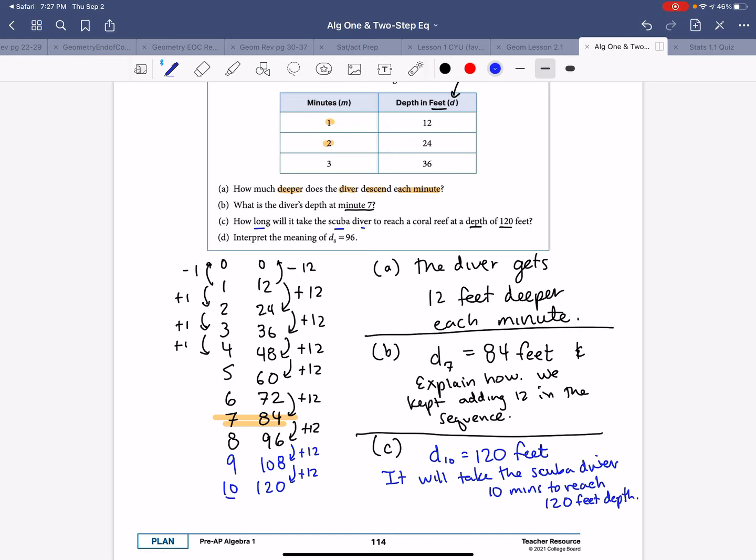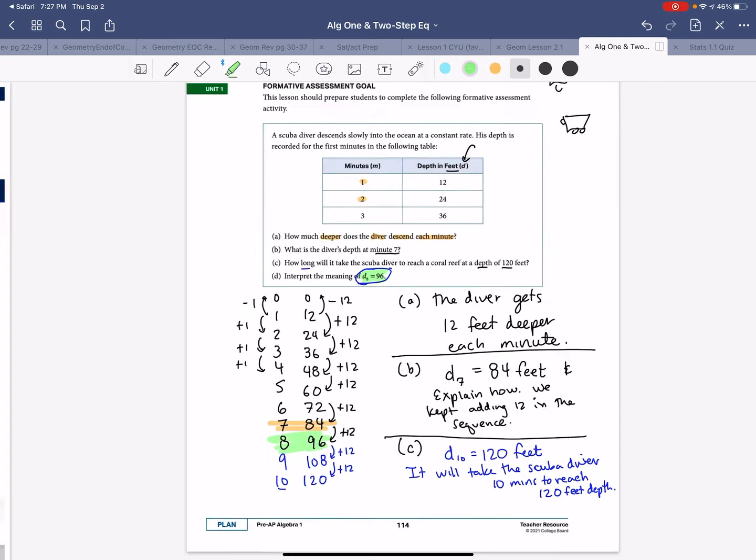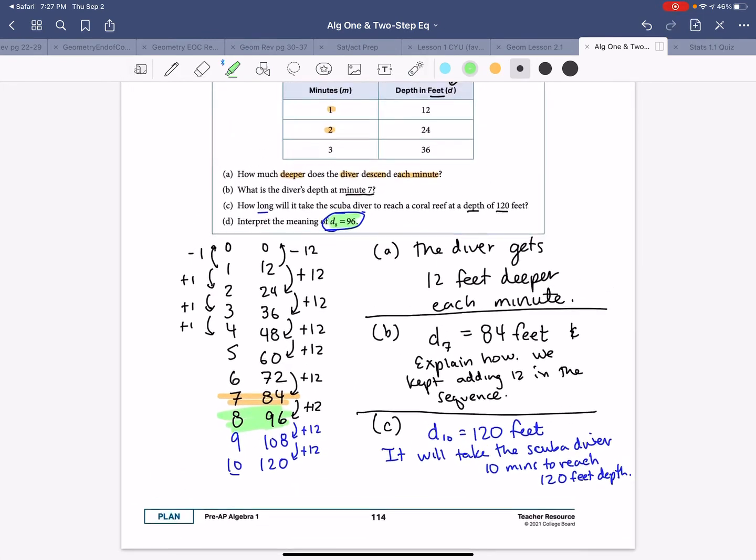All right, last portion of it, it says interpret the meaning of D8. So we see that D sub 8 is 96. And what does that mean in relation to the diver? We're going to explain that meaning in relation to the diver with part D, right?